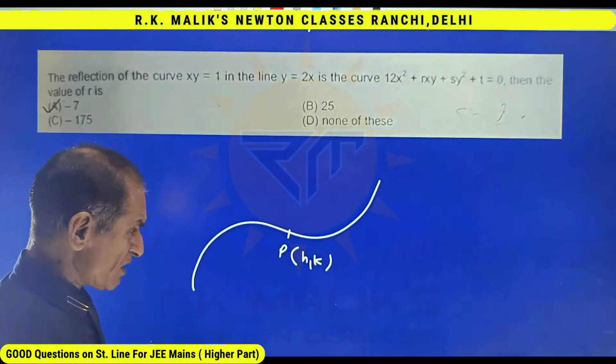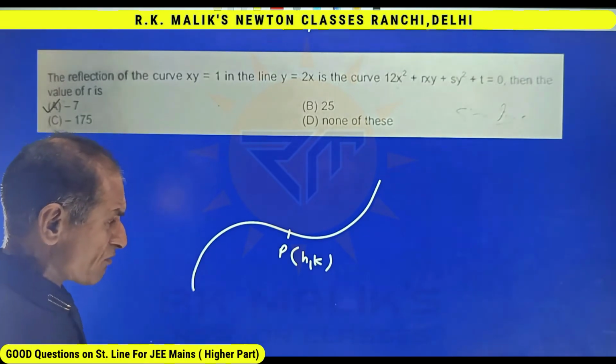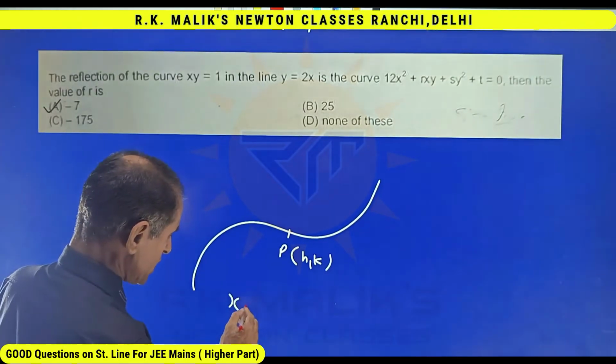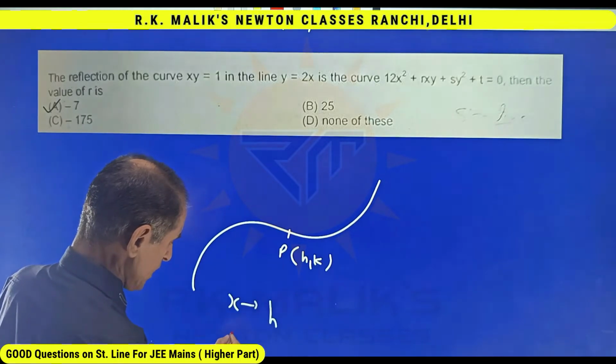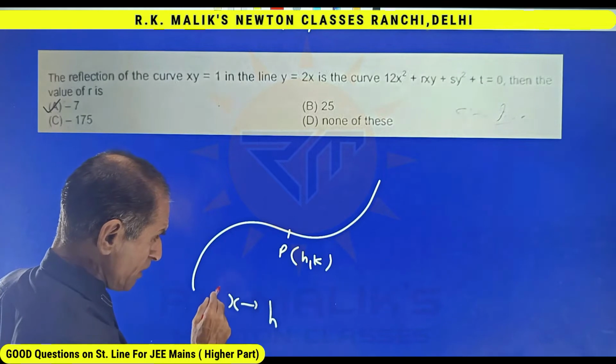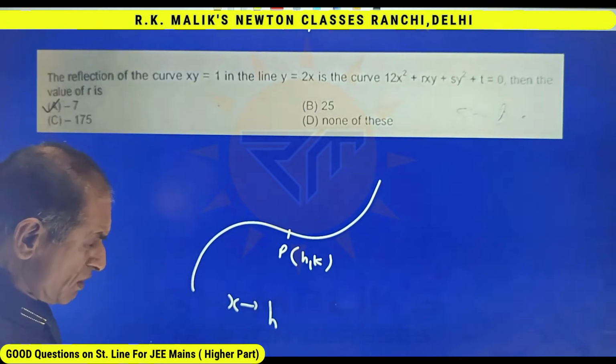Once that relation is found, after that we write x for h and y for k. H is replaced by x, k is replaced by y, and you get the equation of the curve.